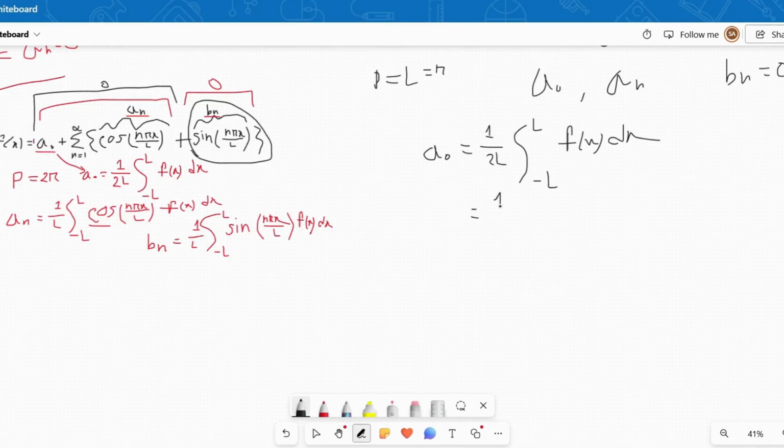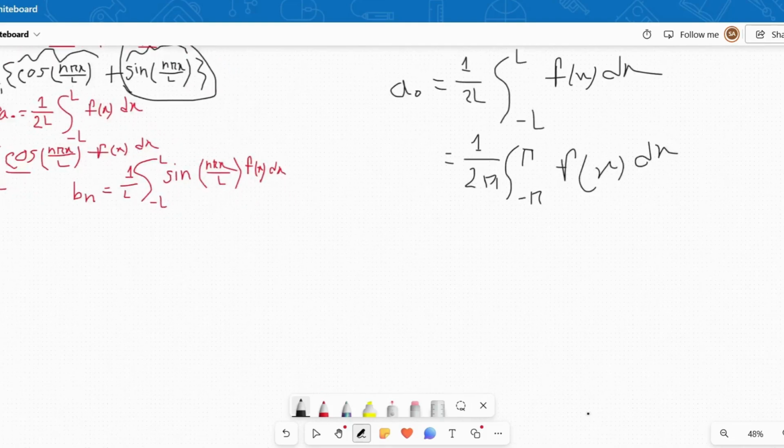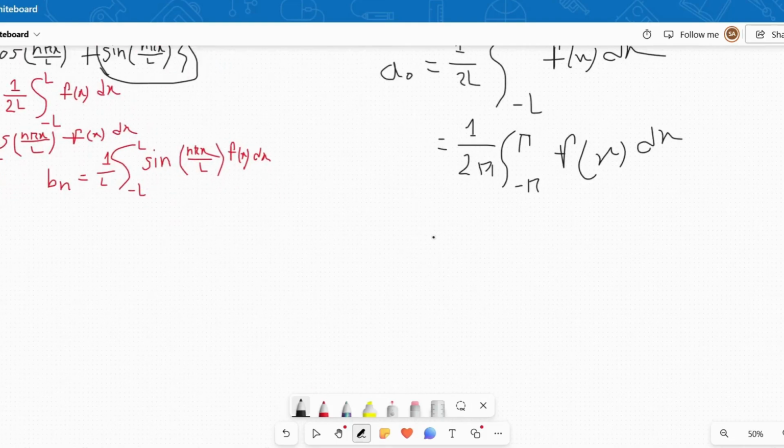So we replace the value of L by pi, the integral from minus pi to pi of f(x) dx. We multiply by 2, then 1 by pi and the range 0 to pi.